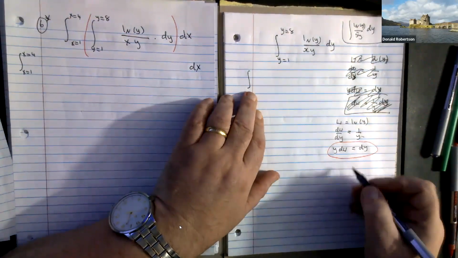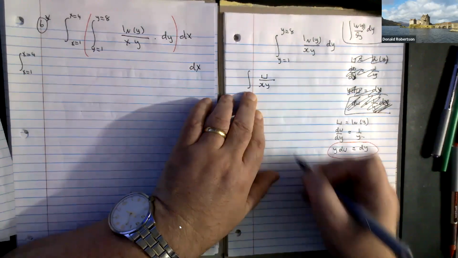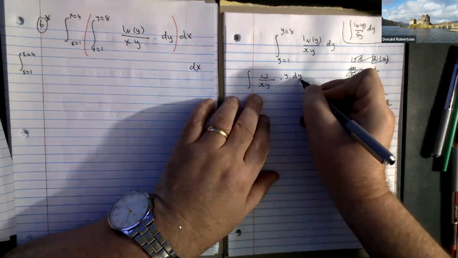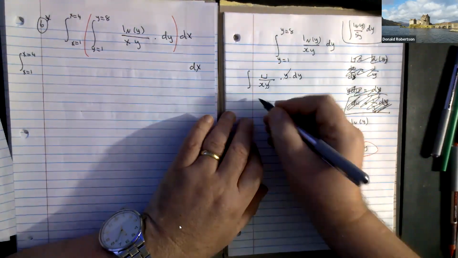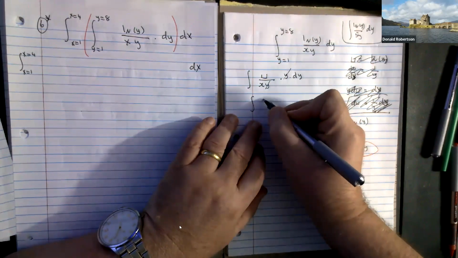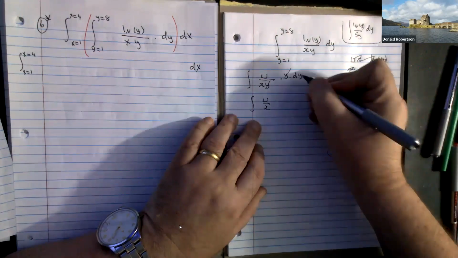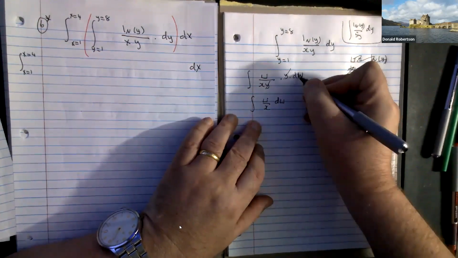The log of y is going to be u. There's going to be an xy here, and the dy is going to be y du. Those cancel out, and now I have u over x du.